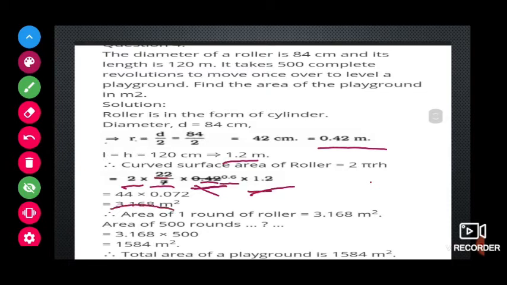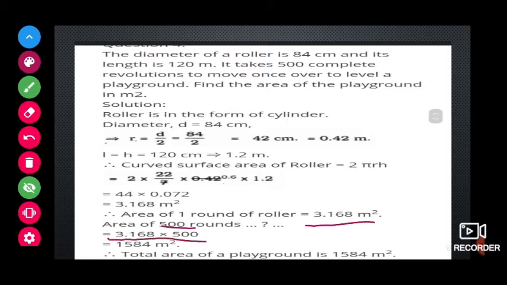If we multiply, we will get 3.168 meters square. Now the area of one round of roller will be 3.168 meters square. For 500 rounds, how much do we need? 3.168 into 500, that is 8,584 meters square is the total area of the playground.